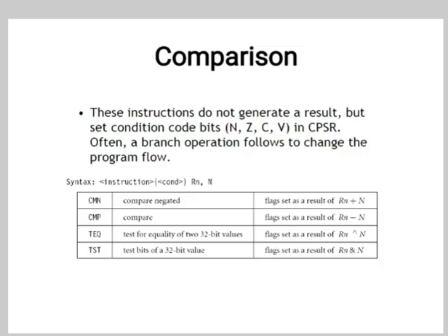So CMP is normal comparison or compare. CMN is compare negated. TEQ is test equality and TST is test bits of 32-bit values.